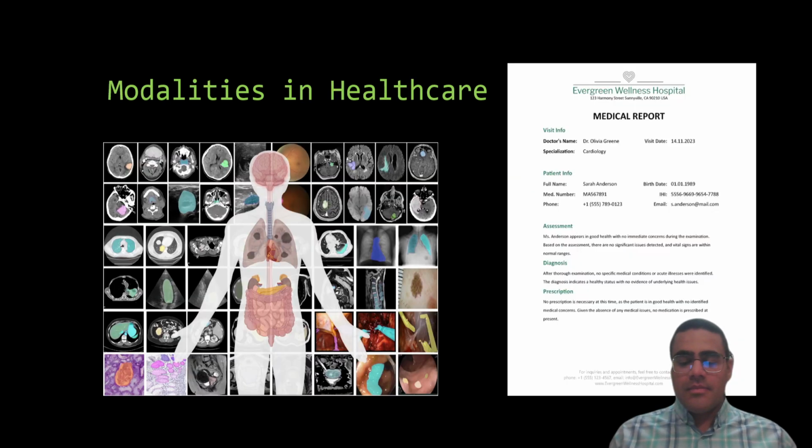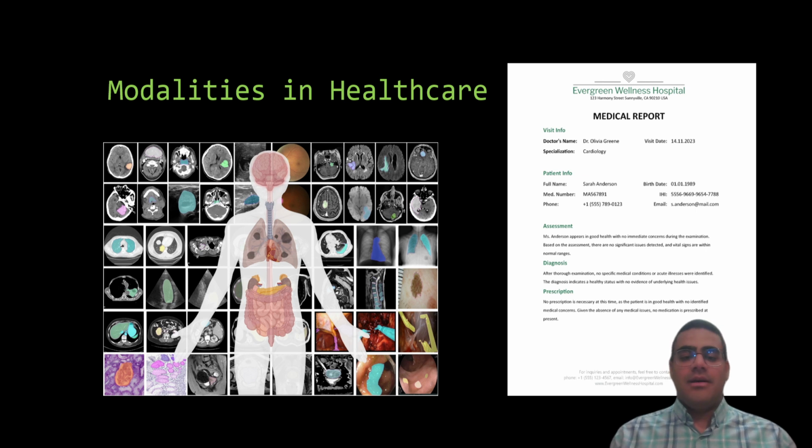All right, but the thing is that in many domains like healthcare and medicine, there is more than one type of data, more than one modality, that is important for making decisions. For example, in the healthcare domain, when you go to a doctor, the doctor will take your demographic data, which usually comes in the format of text.